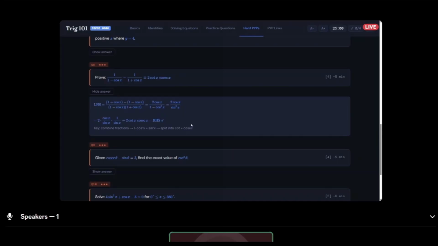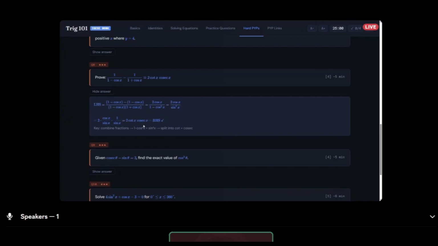And then that's the tricky part. You want to separate what each fraction means. So you can separate it as 2 times cos over sine times 1 over sine. You know cos over sine is the reciprocal of tan, and reciprocal of tan is cot. So substitute this to cot x. 1 over sine x is cosec, because third letter s, reciprocal of sine.